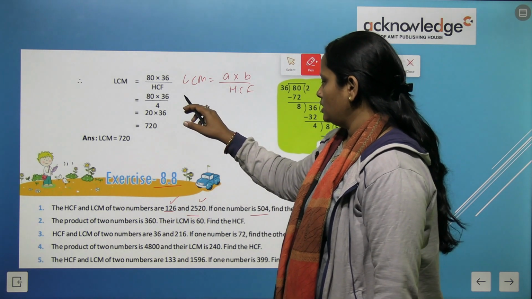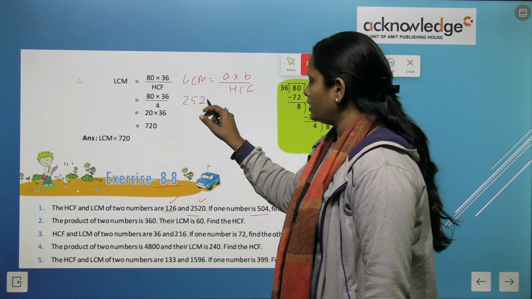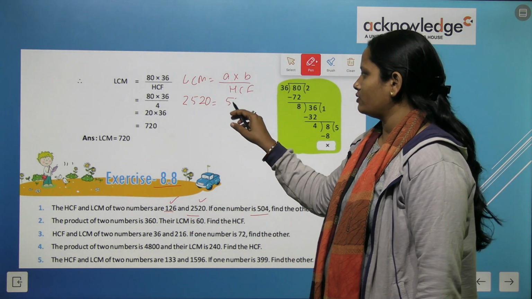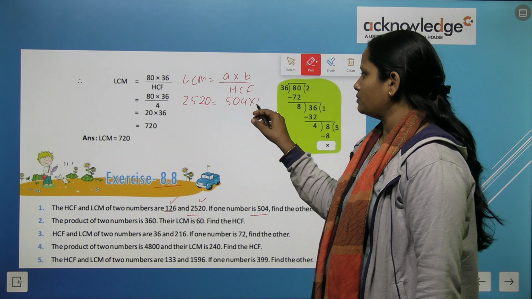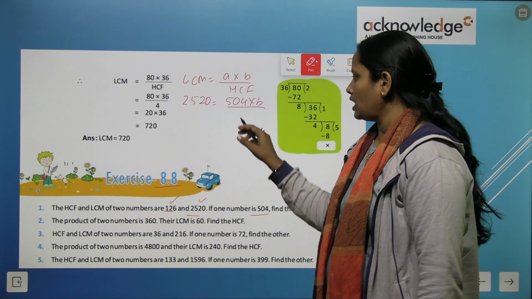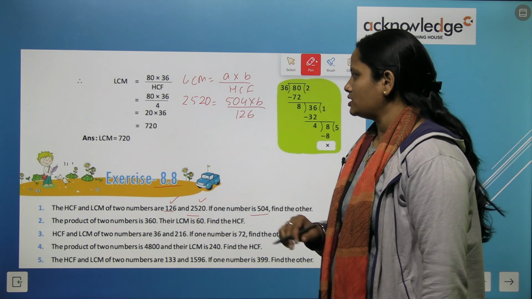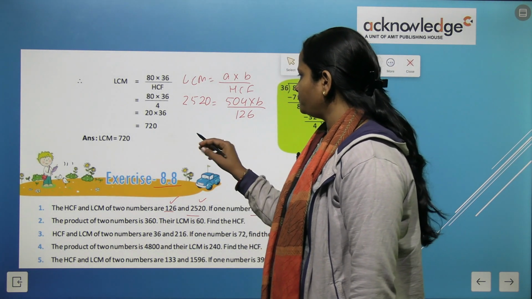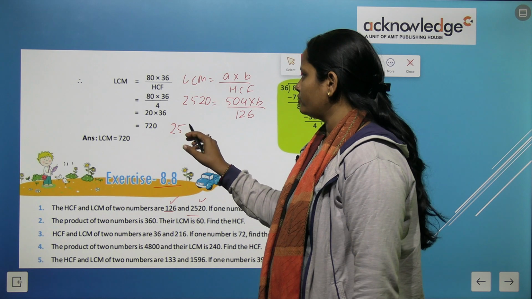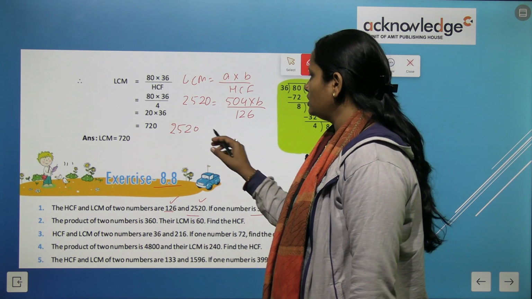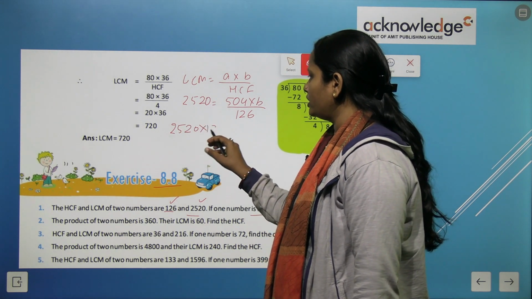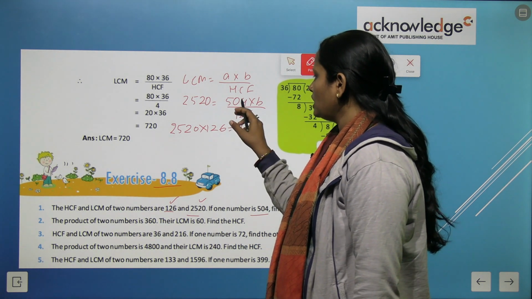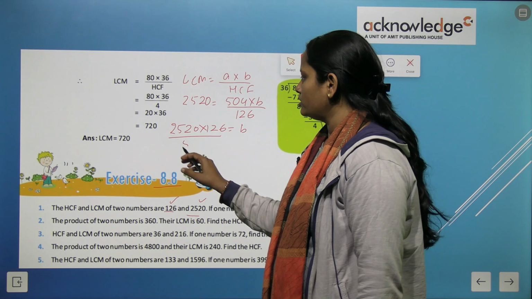LCM है सबको उनकी प्लेस पे. Let's put it. Number A is given 504 multiply B और HCF हमें दिया है 126. अब हम क्रॉस मल्टीप्लाई करेंगे. So 2520 multiplied by 126 is equal to B. अब ये 504 नीचे आ जाएगा.